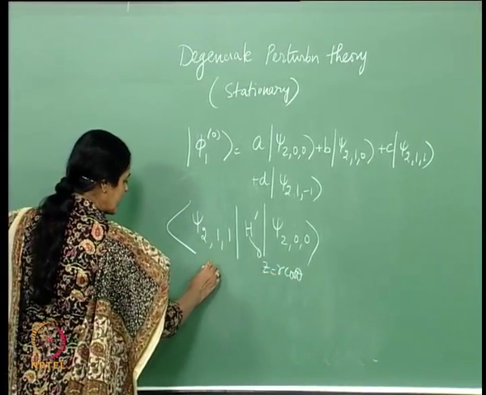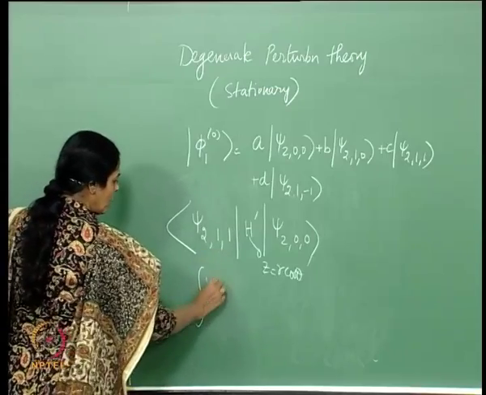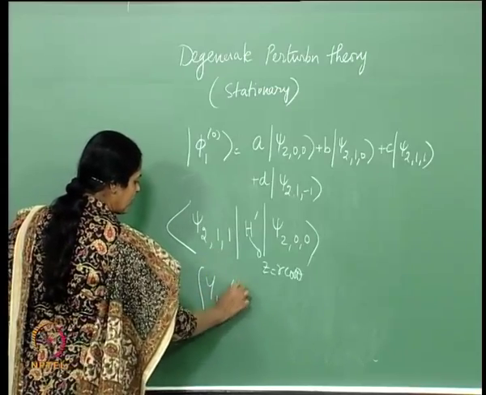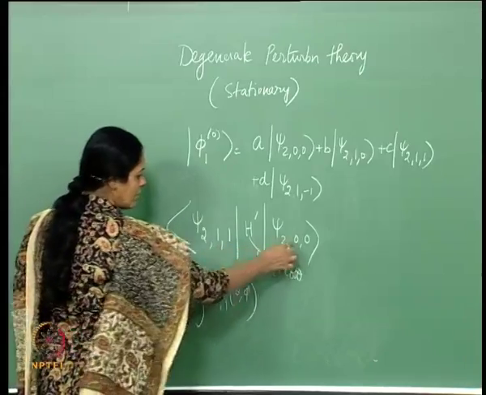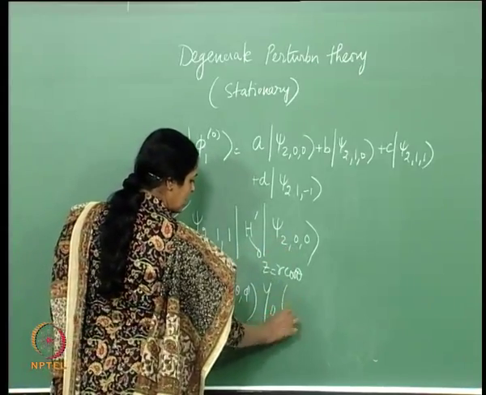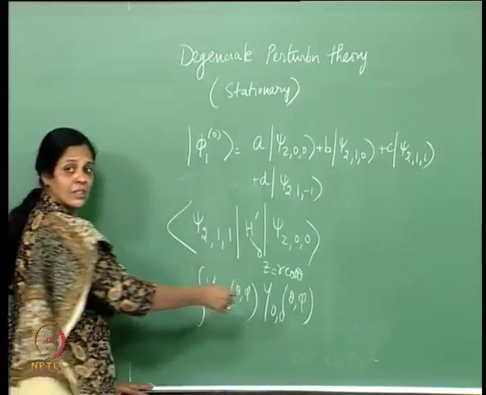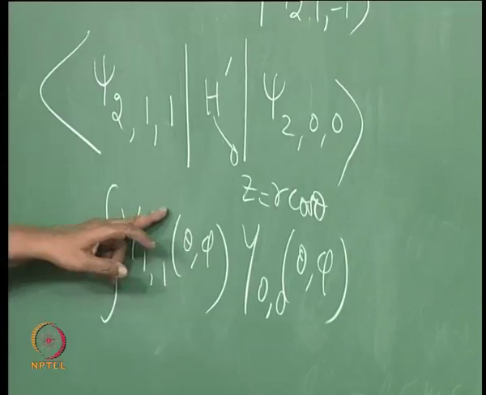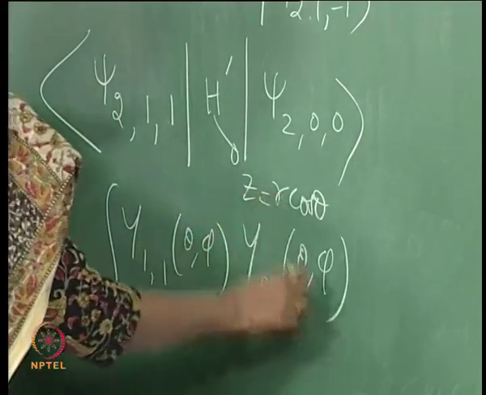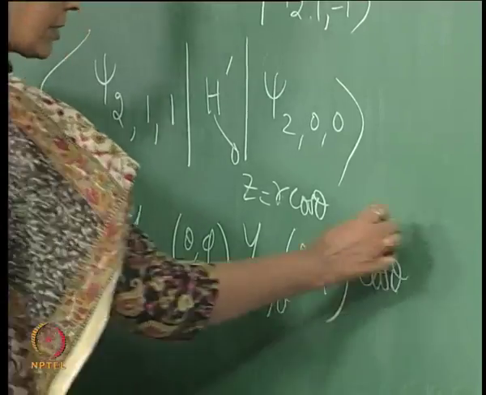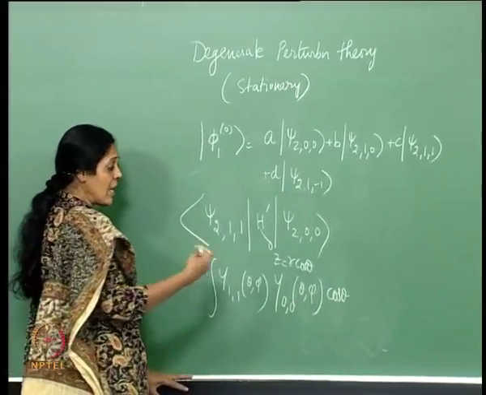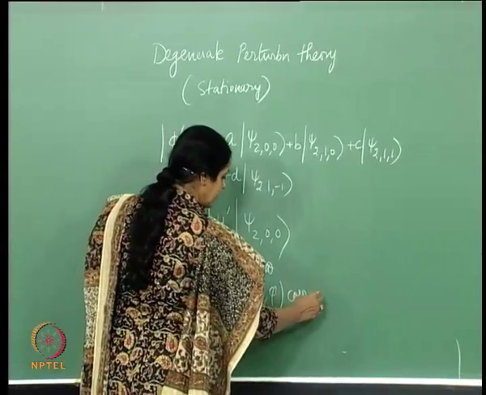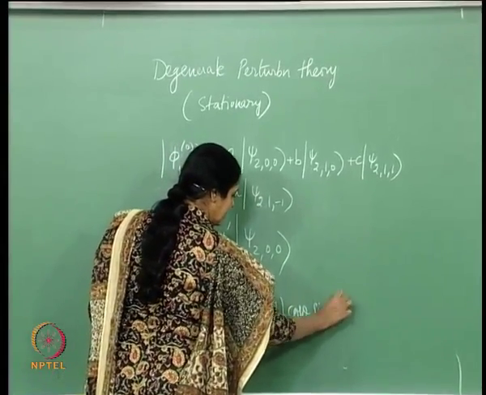Then this angular integral would be a Y11(θ,φ) from there, a Y00(θ,φ) from here. These are all real functions of θ and φ, so I don't put a star, times a z, which gives me a cos θ, and then the angular integration sin θ dθ.